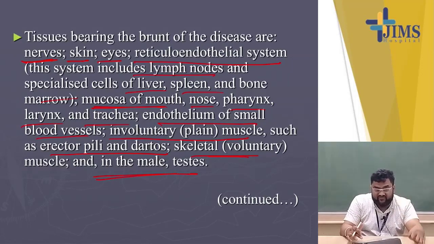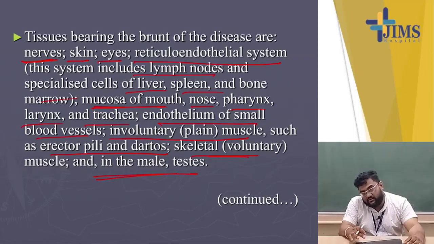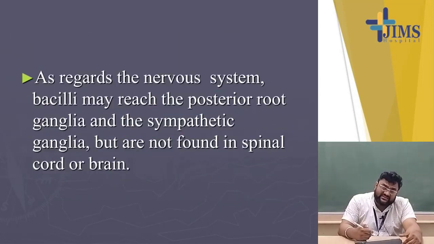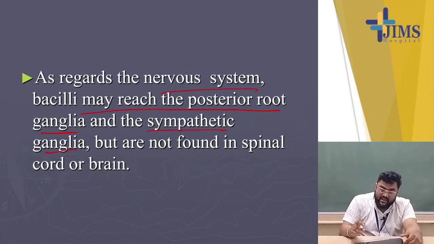We have atrophy of the testes in lepromatous leprosy. As regards the nervous system, the bacilli may reach the posterior root ganglion and the sympathetic ganglion, but are not found in the spinal cord or the brain.